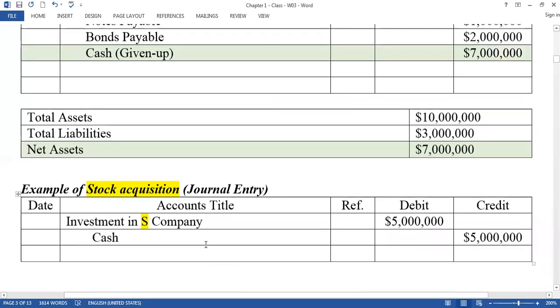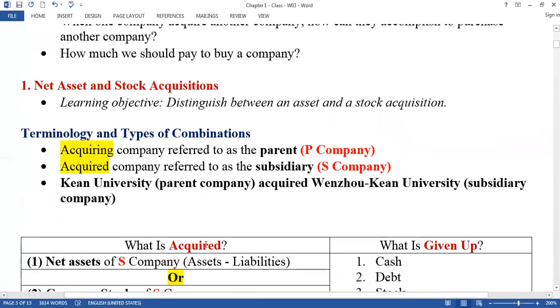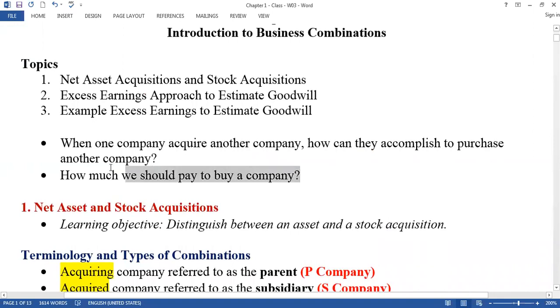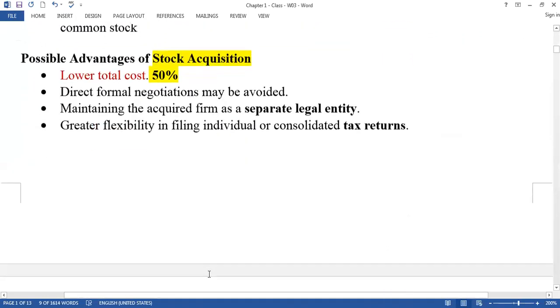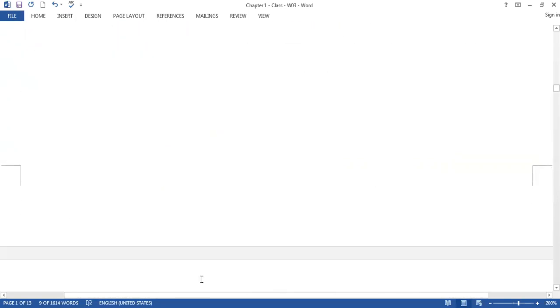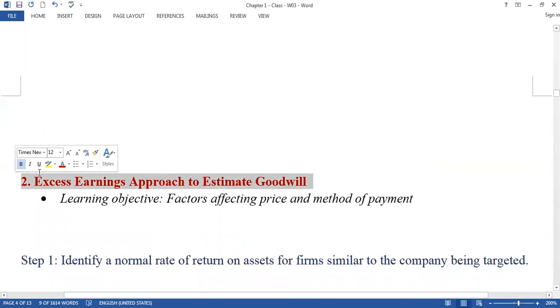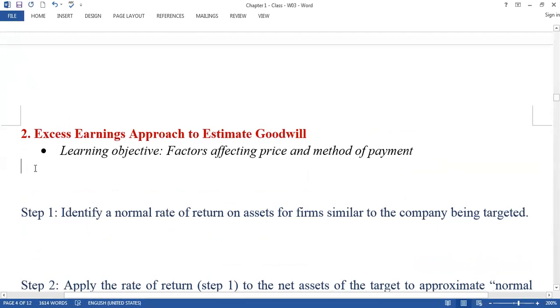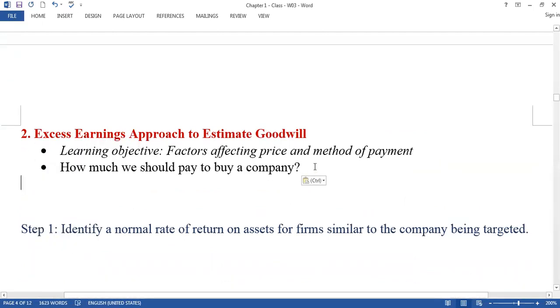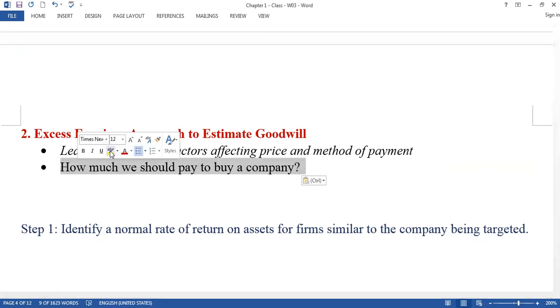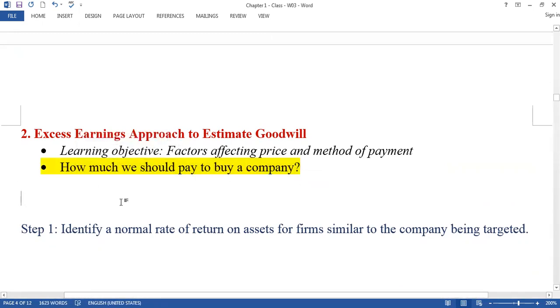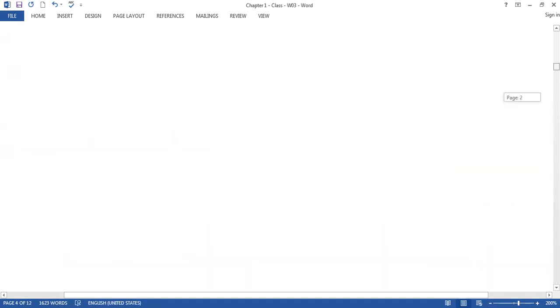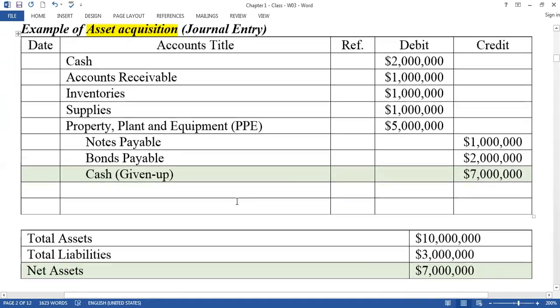Now, we are here. So how much should we pay to buy a company? The previous example was very simple.